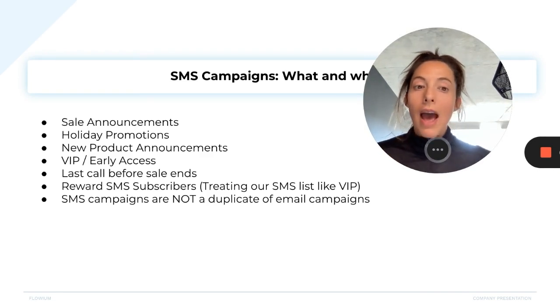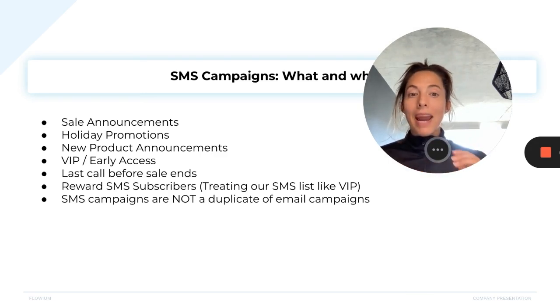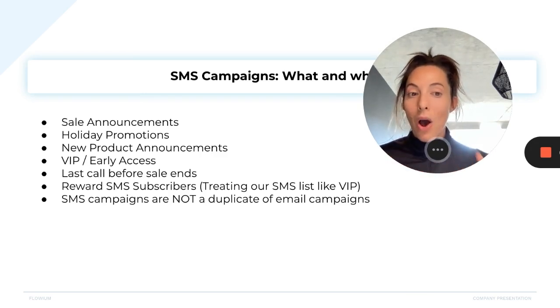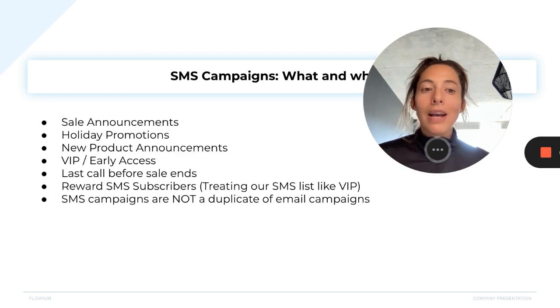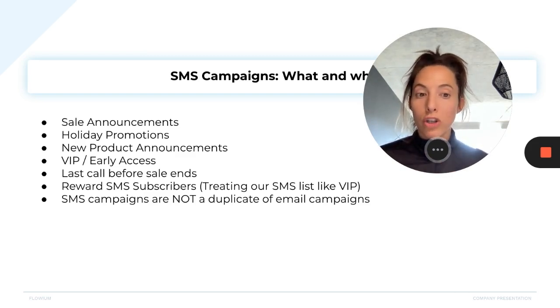Complex messages. SMS messages are limited to 160 characters, which makes it difficult to convey complex messages or instructions. So if messages require more space than this, email or another form of communication is the better choice. Non-urgent messages. SMS campaigns are typically used for time-sensitive messages or urgent promotions.